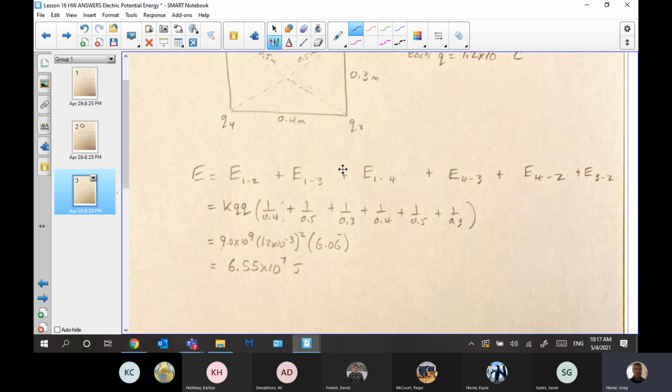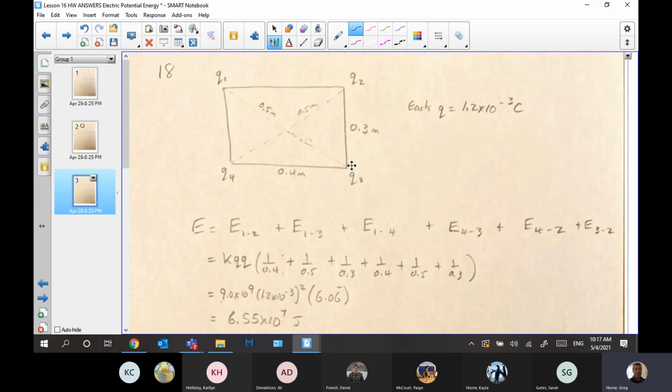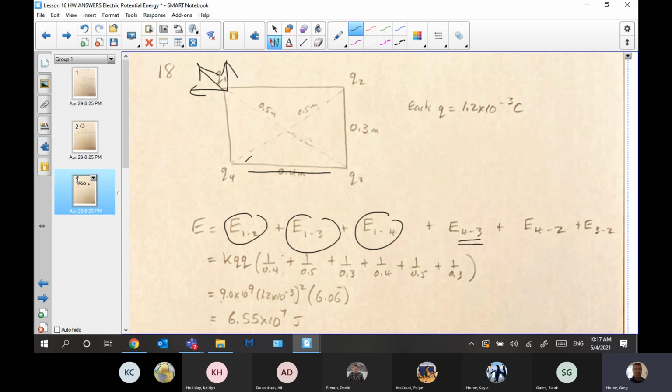I'm going to make a note to myself to look at what I was doing here. 1, 2, 1, 3, 1, 4. The way that's written out, having all of these pairs like this, that's more if you're talking about force. I might have just gotten confused when I was doing this. So you've got those 3 pairs there, and then the 4 and the 3 as well, and the 4 and the 2.